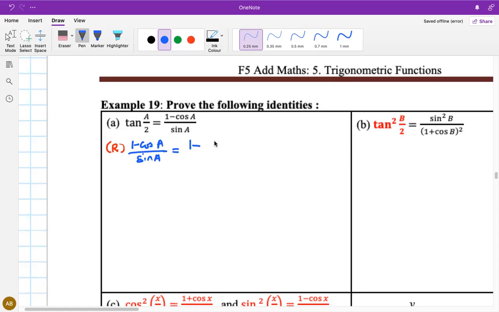So this one we need to change into 1 minus 2 sine square A over 2, and then over 2 sine A, which is 2 sine A over 2 times cos A over 2.